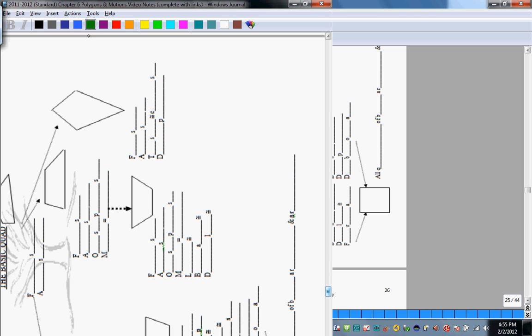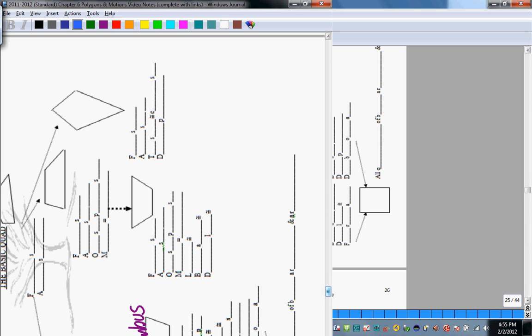And then here we have a rectangle. And then here we have a rhombus. So in the rectangle, we have 4 sides, angle sum 360, plus the parallelogram qualities, which are opposite sides parallel, opposite sides congruent, opposite angles congruent, consecutive angles supplementary, diagonals bisect each other.